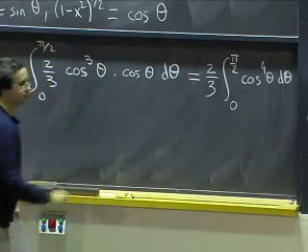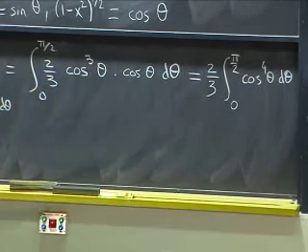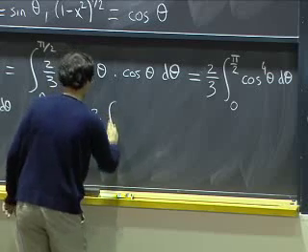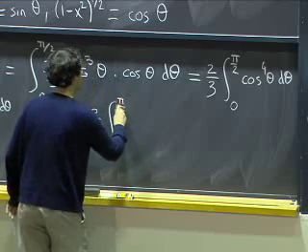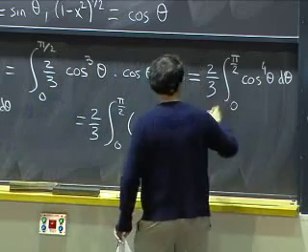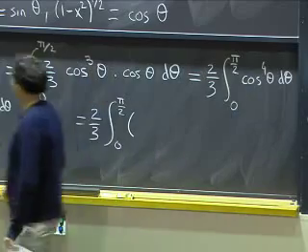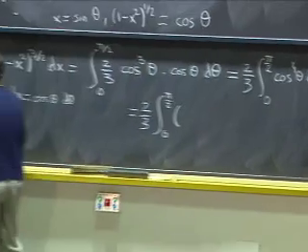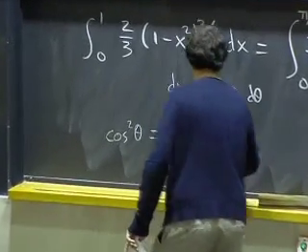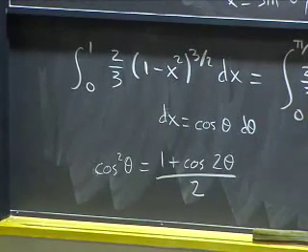And how do you integrate that? Well, you have to use double angle formulas. Okay, so cosine to the 4, remember cosine square theta is 1 plus cosine 2 theta over 2. And we want the square of that.